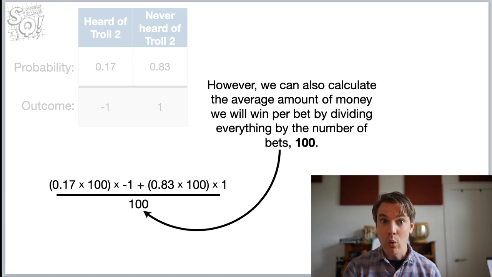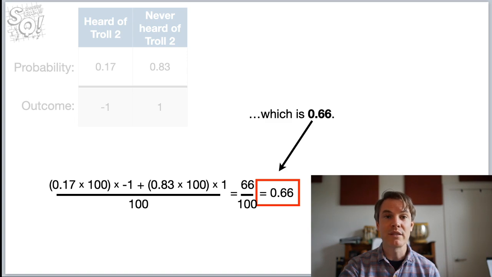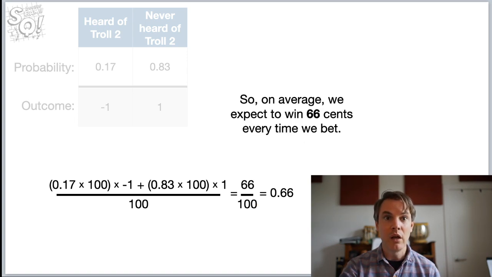However, we can also calculate the average amount of money we win per bet by dividing everything by the number of bets, 100. Doing the math gives us 66 divided by 100, which is 0.66. So, on average, we expect to win 66 cents every time we bet.